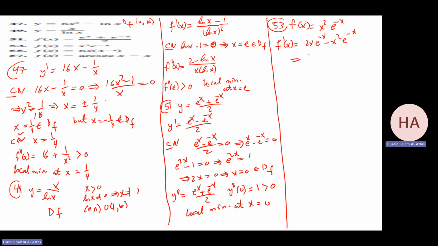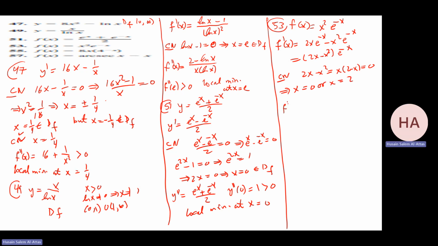The domain is all real numbers here. Critical numbers come from where? From 2x minus x squared, which is x(2 minus x) equals 0. So you have x equals 0 or x equals 2.